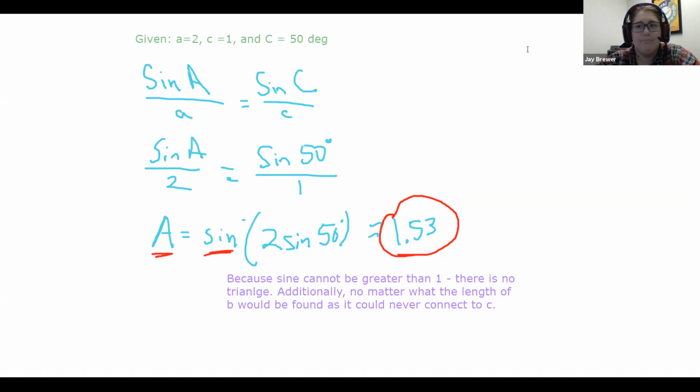All right, so we're going to do another one. Given a equals 4, b equals 3, and A equals 60 degrees, what's the first thing we can find pretty easily?